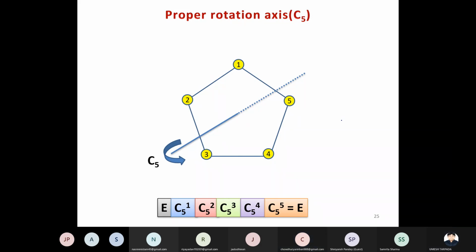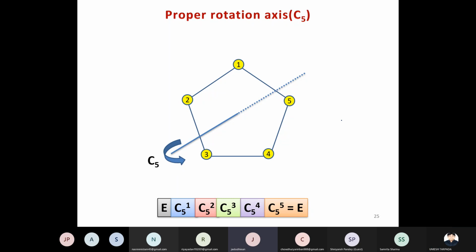Second, 3 to 1 and 5 middle. So how many such C2? 3 C2. Just look at the molecule again and tell me properly. It is not 3, it has more than 3 C2. 5 C2. Yes, where is first one?